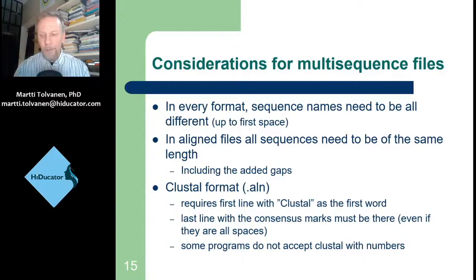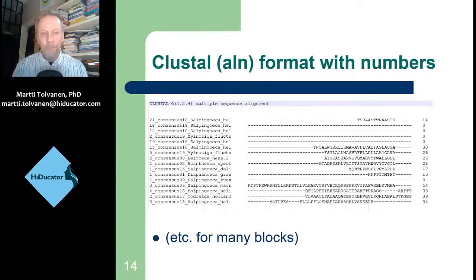When you have a Clustal formatted file, there are some things you need to include if you're copy-pasting the full alignment from somewhere. One of them is the first line, which has to have Clustal as the first word. It doesn't matter what the numbers are, Clustal W, Clustal O are just fine there.